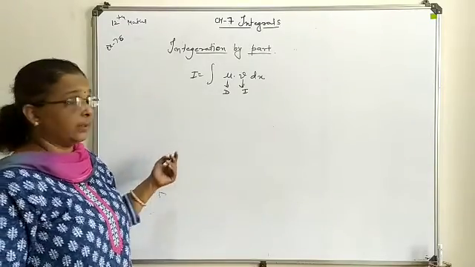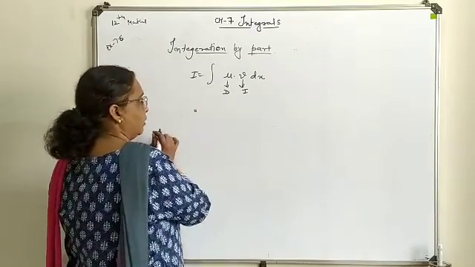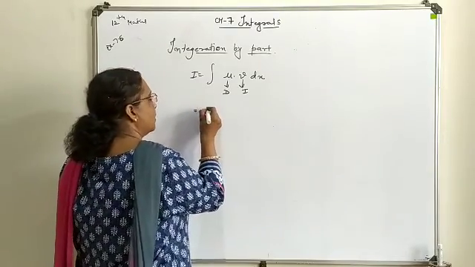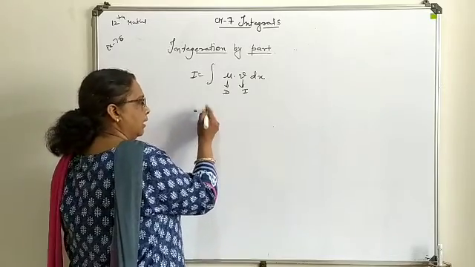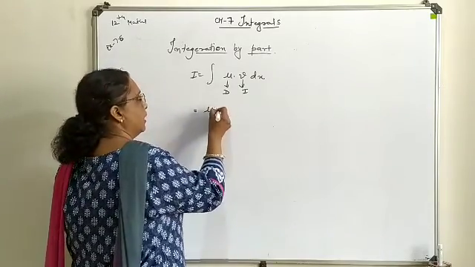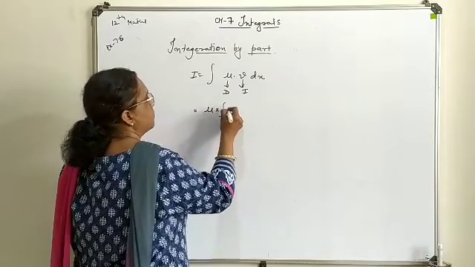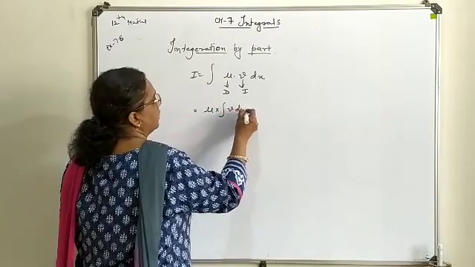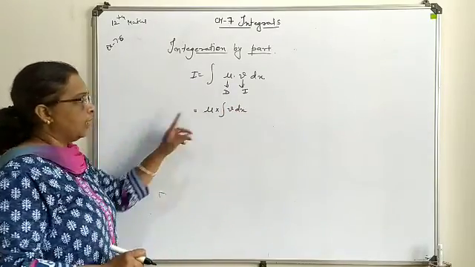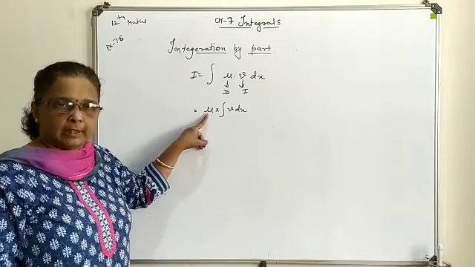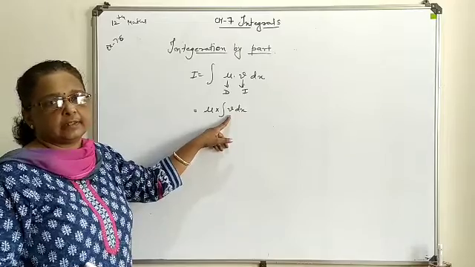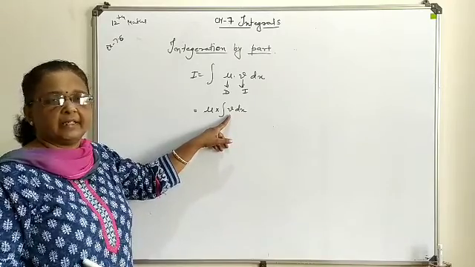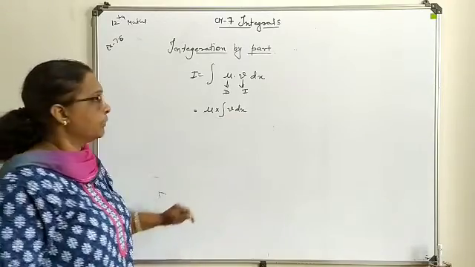Now how to implement this method? In the first step, what will you write? The function which is going to be differentiated you keep as such, and as its multiple you will write the integration of the integrating term. Differentiating term you keep as such, and as a multiple you write the integrating term and its integration.